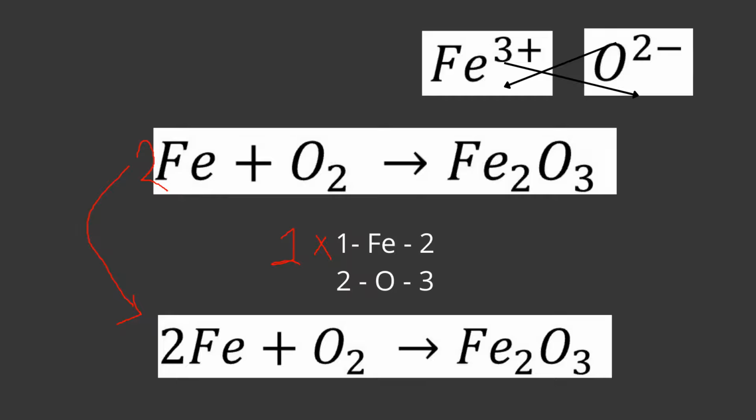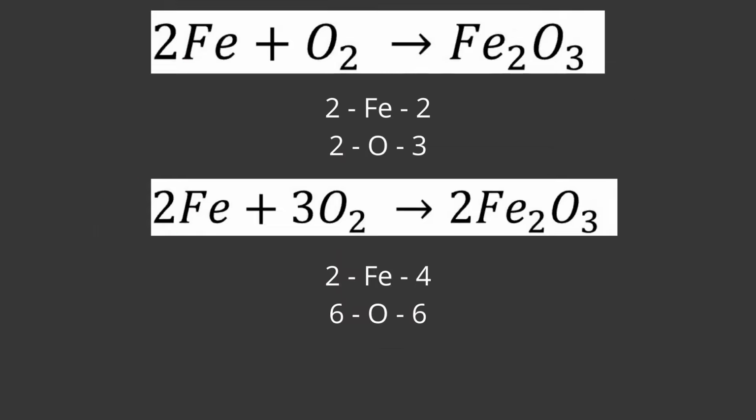Now we need to check again, is it balanced? On the left hand side I have 2Fe, and on this side I also have 2 irons, so they are balanced. Oxygens, I have O2 on one side and O3 on the other. They are not balanced. So how do we balance them?